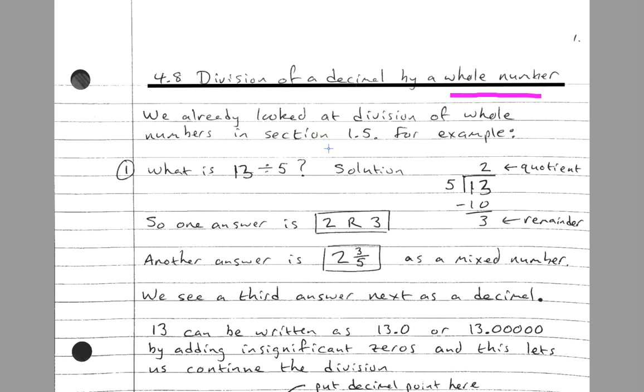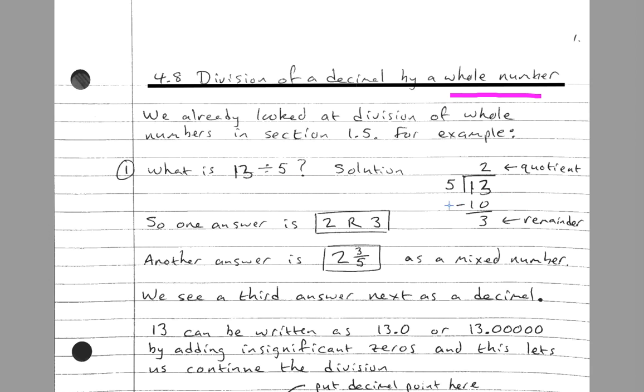So if you remember back in this early section 1.5, we looked at just division of whole numbers. For example, here, what is 13 divided by 5? So we're asking how many times does 5 fit into 13?